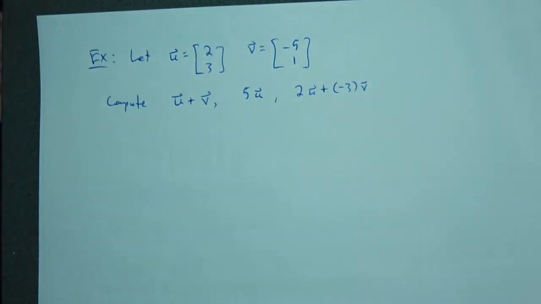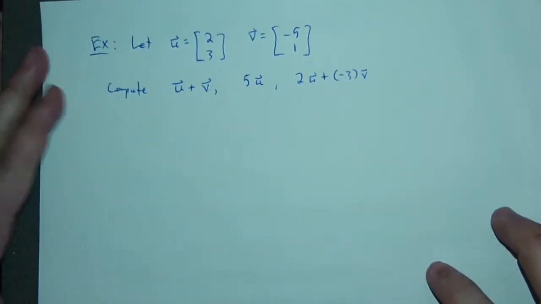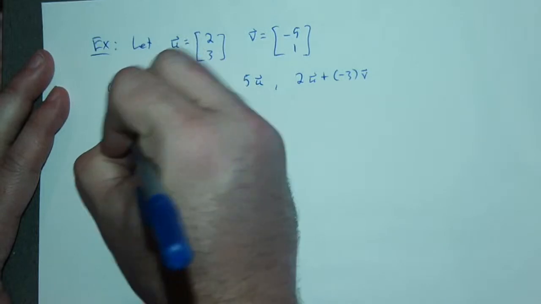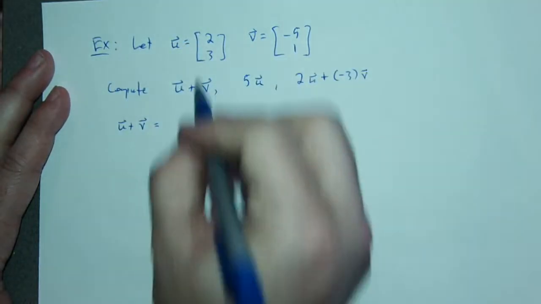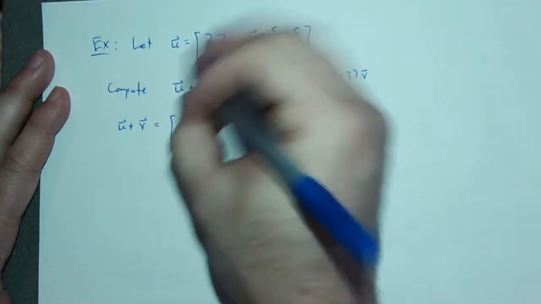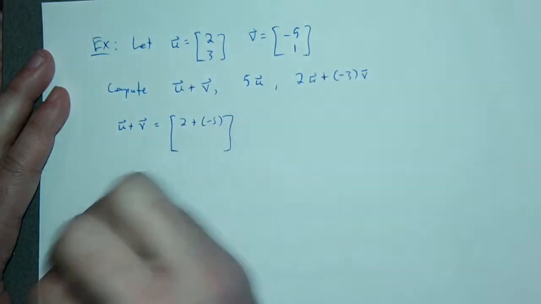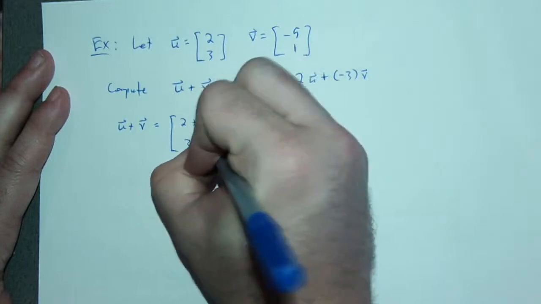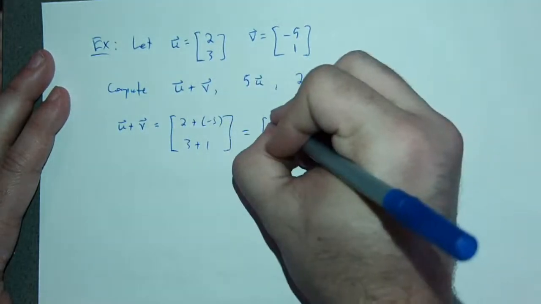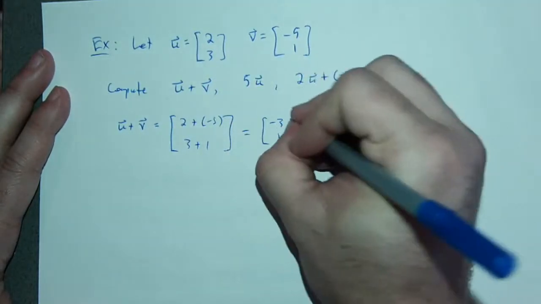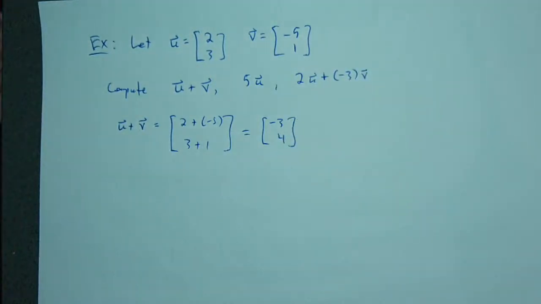So u plus v is, in the first slot, 2 plus -5, and in the second slot, 3 plus 1. So (-3, 4) is u plus v.